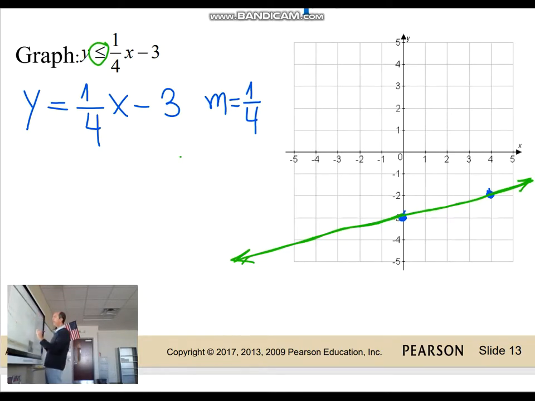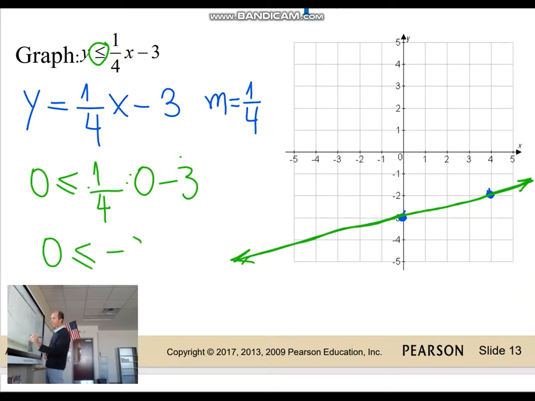So make y equals 0, less than or equal to 1/4 times 0, x equals 0, minus 3. The result here is, after simplifying, 0 less than or equal to -3.